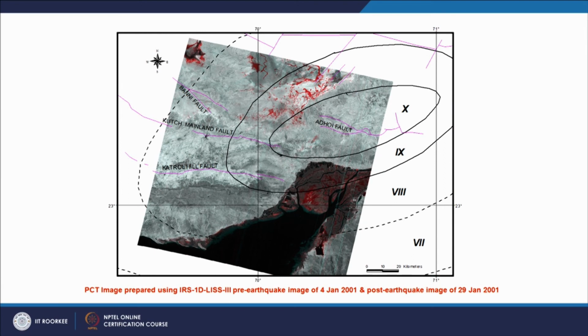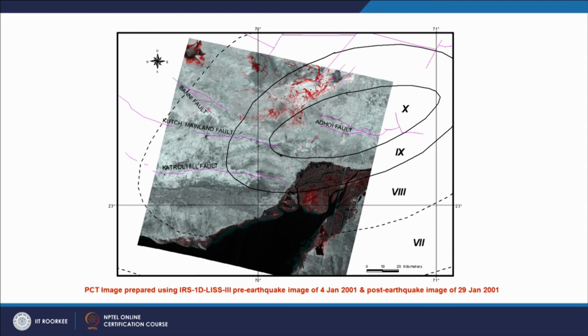One more example, and the last example in this color transformation: here, instead of the pan, we had the LISS-3 data, and LISS-3 itself is multispectral data. But we wanted to see only the changes in water and moisture, and the best channel is the infrared channel.